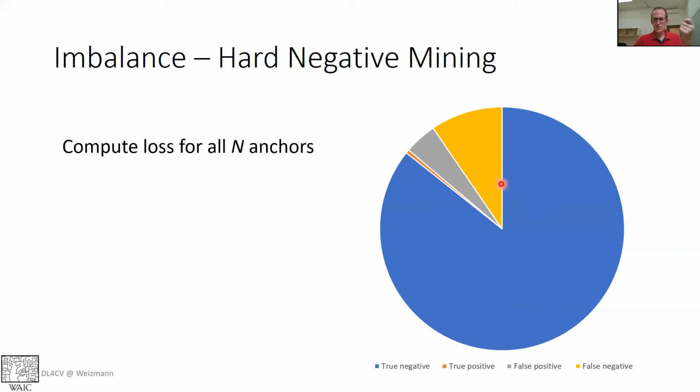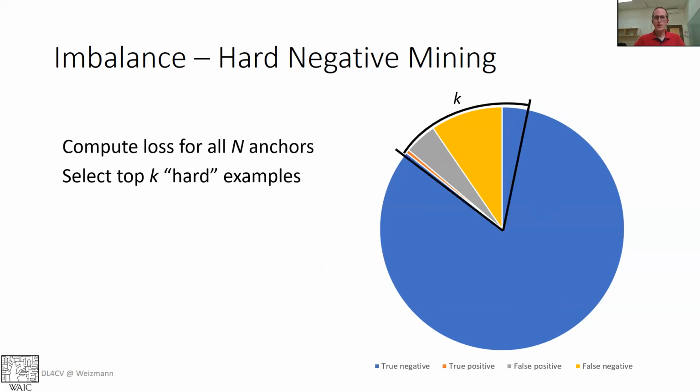But instead of computing the gradient for all these examples, we are going to select only a fraction of the examples. So we are going to sort the mistakes we made, and we are going to select only the K hard examples, only those that we made gross mistakes on, and we're going to compute the gradient only for these K and ignore all the rest.